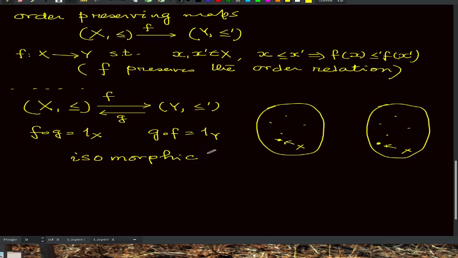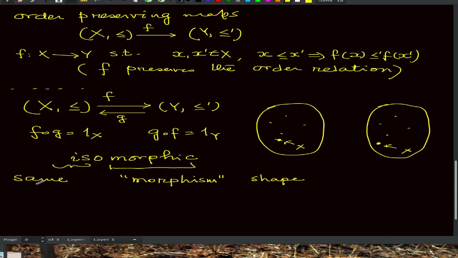For sets, remember we called it bijective. Here the word morphic comes from the word morphism, which means shape. It's a Latin word. And iso means similar or same. So isomorphic means they have the same shape.